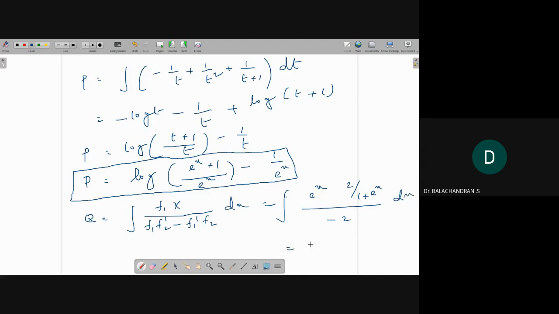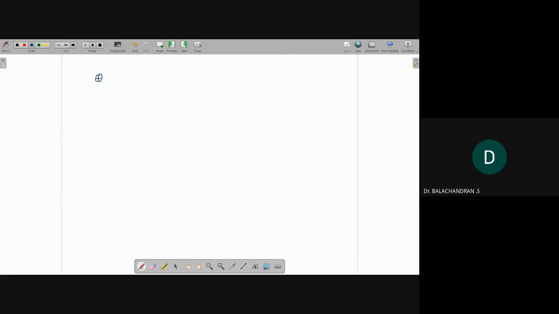So this is equal to the integral, the 2 gets cancelled, of minus e power x by 1 plus e power x into dx. If you differentiate the denominator, you'll get the numerator. So that is the form of integration: f dash of x by f of x is equal to log of f of x. So that's why Q equal to minus log of the denominator. The denominator is 1 plus e power x.